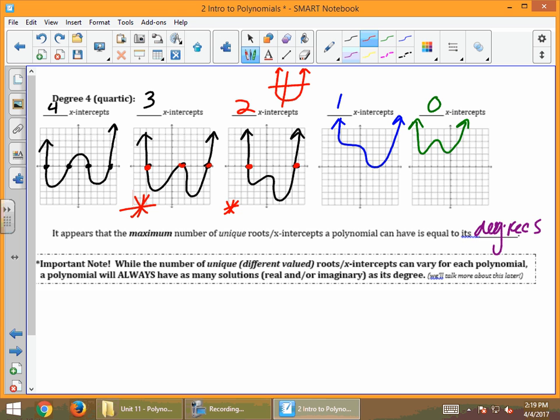This next one has 1 x-intercept, so there's only 1 real solution. The other 3 have to be imaginary. And this last one, where it has no x-intercepts, that means all 4 answers are imaginary. We'll go more in depth with that later. But essentially, it's always going to have 4 solutions. It just depends how many of them are real and how many of them are imaginary. Okay. Questions over that?